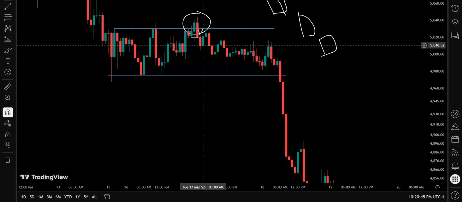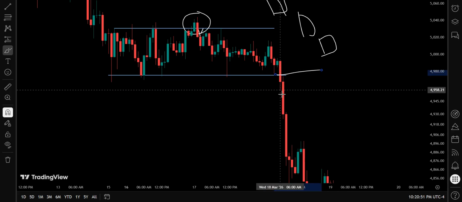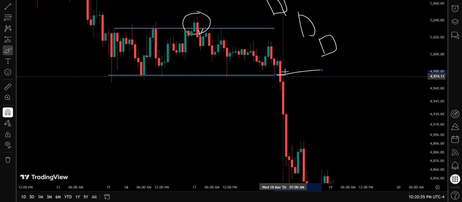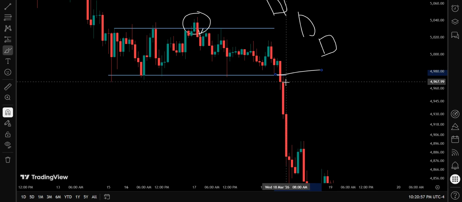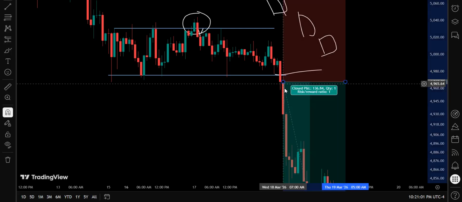Here finally the market breaks down. As you can see, it breaks down this channel and the very next candle came here. It tests it but did not close in. Now we have confirmed that this channel has been broken and we will put a short entry here.